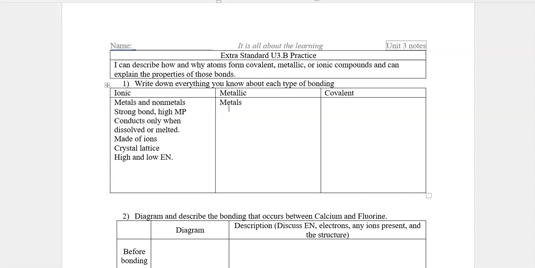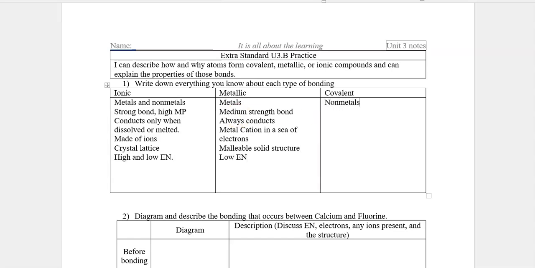Metallic is metals. Medium strength bond, always conducts. Ions in a sea of electrons. We can say metal cations in a sea of electrons. Malleable solid structure, low electronegativity.